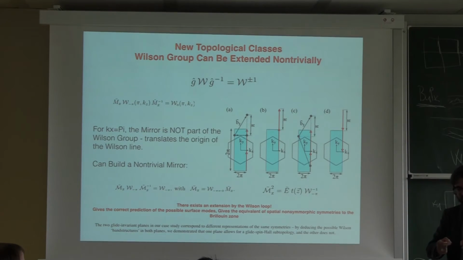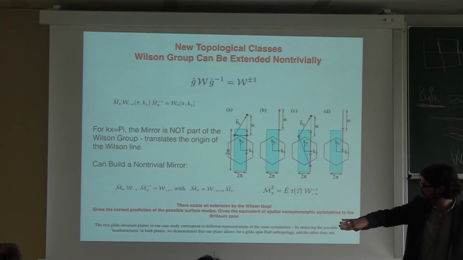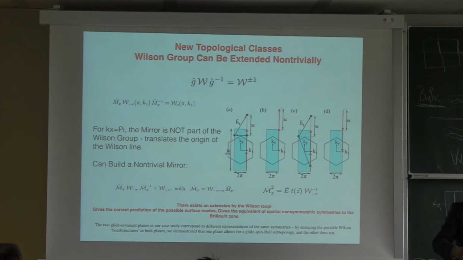Notice that up to now, nonsymmorphicity is just in real space. So you make your mirror symmetry and you translate by half a lattice, half a unit cell. Okay, but your Hamiltonian was still diagonal in k. So nonsymmorphicity up to now was kind of one-sided, in real space. This will extend it to momentum space.